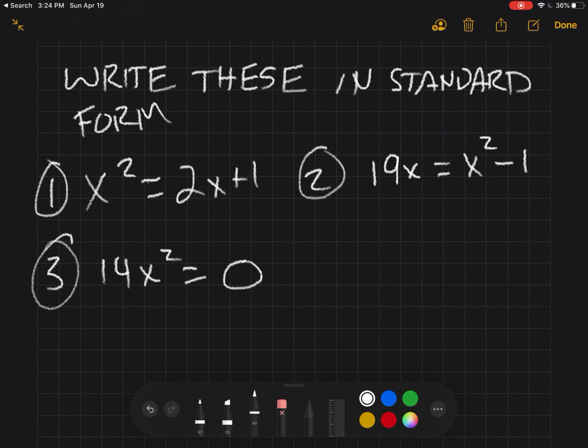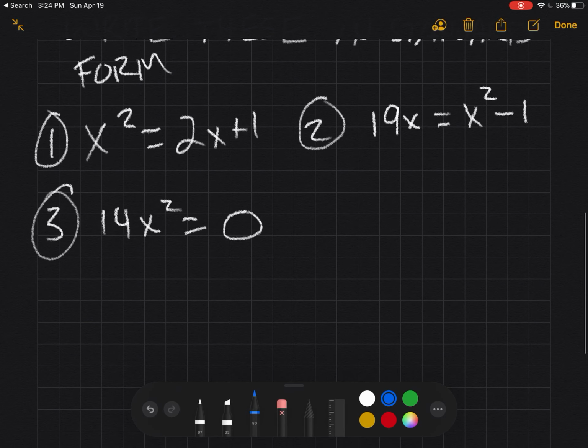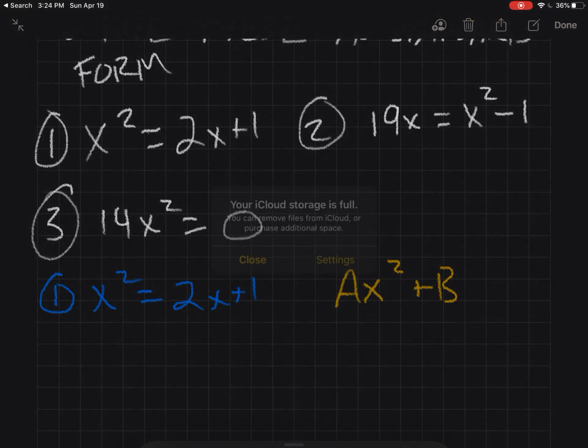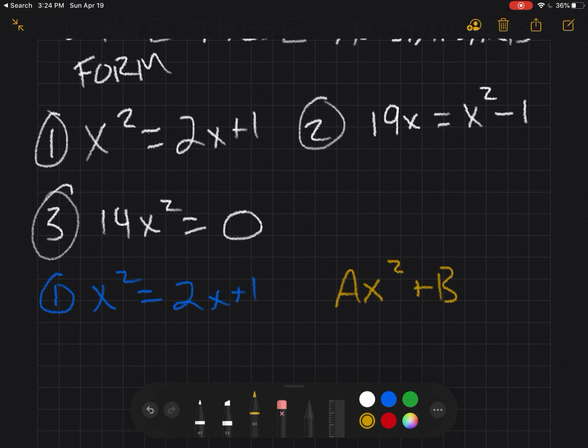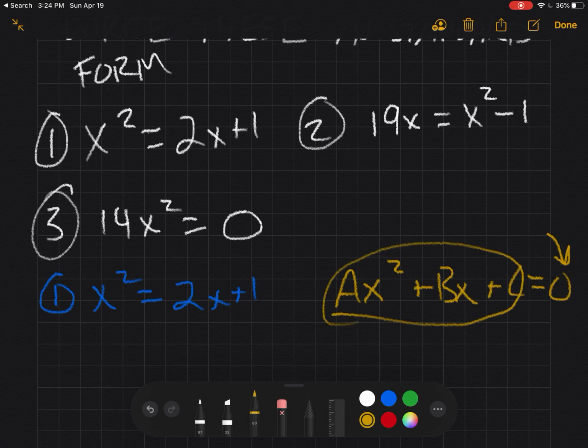And our second will be 19x equals x squared minus 1. And our third will be 14x squared equals 0. So take a second and write these three in standard form, and then I'll go through the answers with you. All right, so here's our first one.